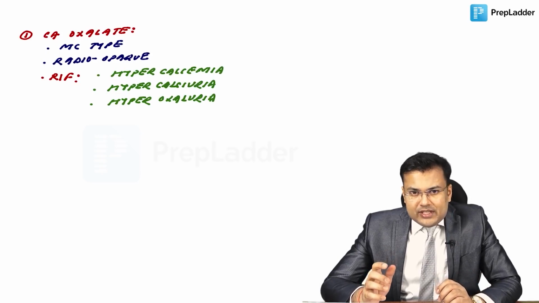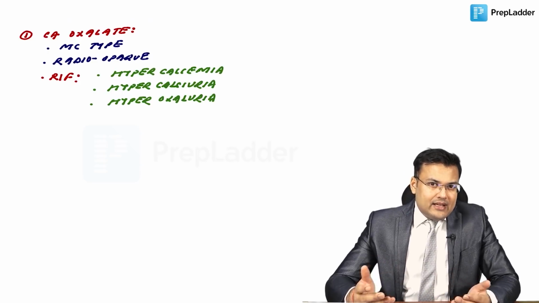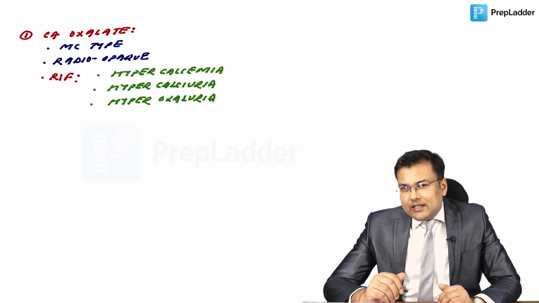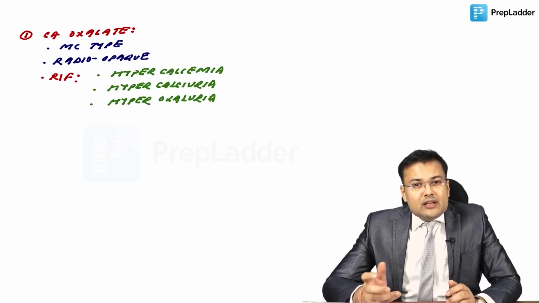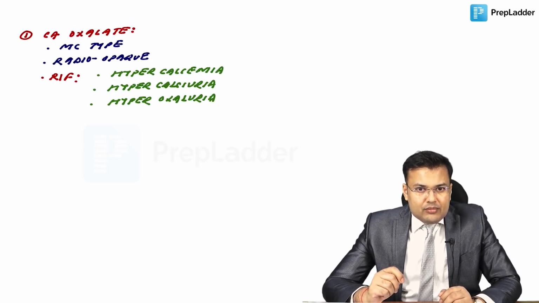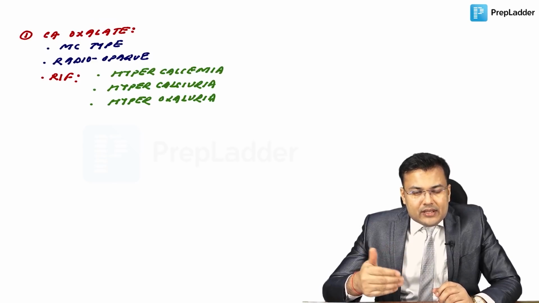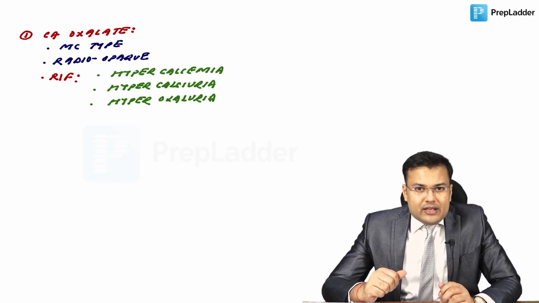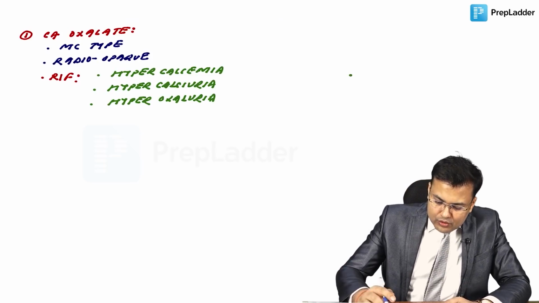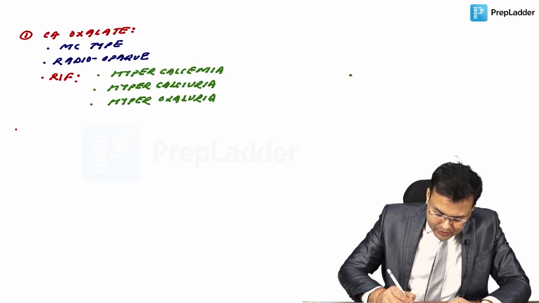Indirectly, what are the risk factors for uric acid stone? Gout, Lesch-Nyhan syndrome, and myeloproliferative disorders in which we give chemotherapy. There is increased breakdown of cells and increased production of uric acid, right?